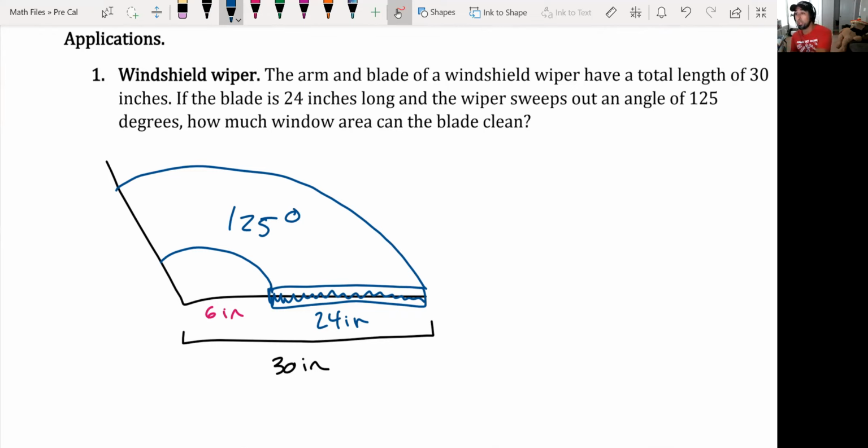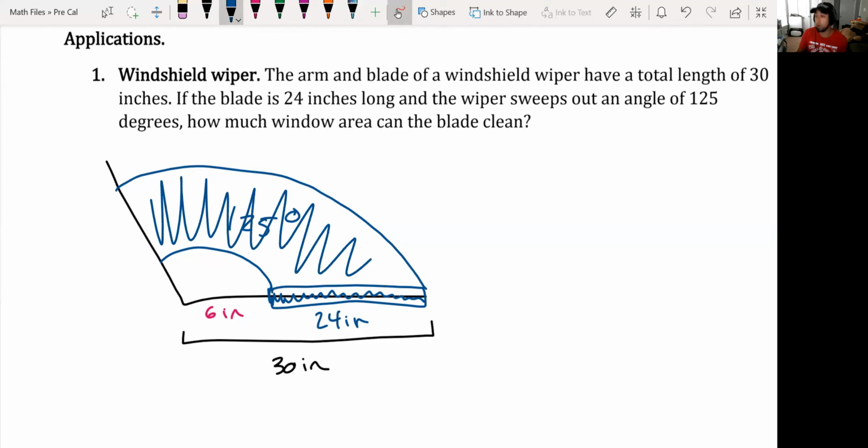Well, I guess the one thing it's forgetting here is also how much does the blade not clean, right? And this is going to fall under the area of a sector. This is going to use the area of a sector formula because we see we have sectors here. We have the area that the windshield cleans, and then you have the area that the blade cleans, and then you have the area that the arm cannot touch.